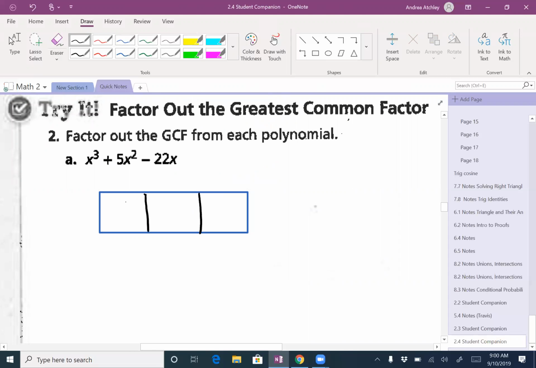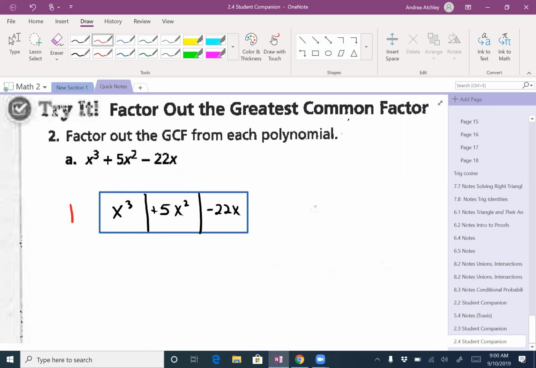So I have x cubed plus 5x squared minus 22x. And what can they all be divided by? 1. The greatest common factor is just 1. There's no number bigger that can go into 5, 22, and 1.